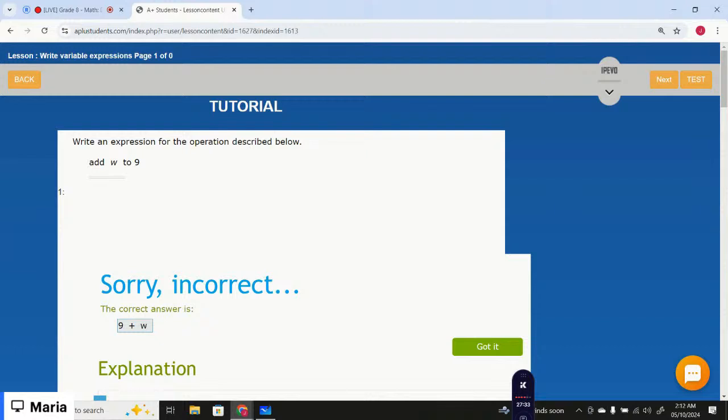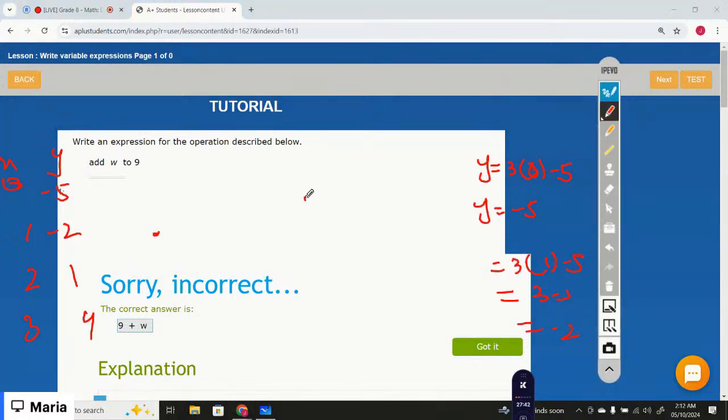So add W to 9, you can write as W plus 9, right? Use the mathematical expressions.